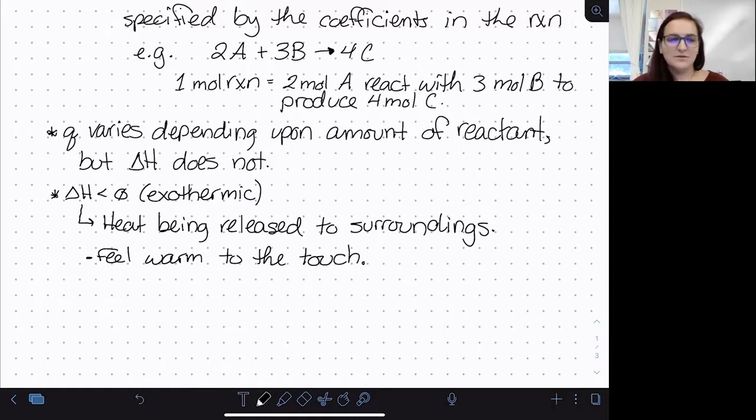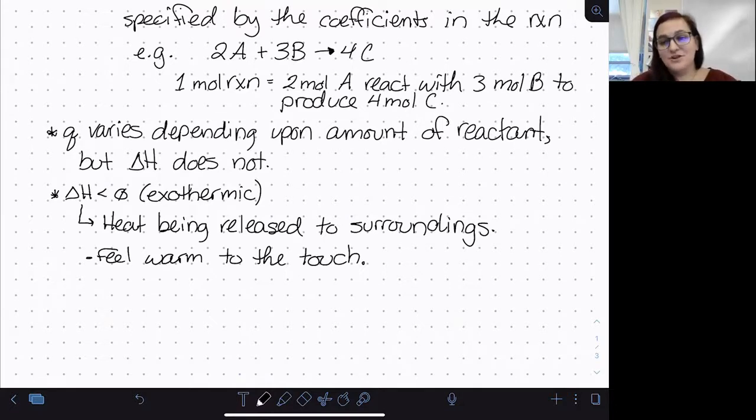This is often a little counterintuitive to people because you're thinking, oh, well, it got warmer, it must have gained energy. But your hand is part of the surroundings. Your hand feels warm because your hand is gaining heat. So the energy was given off by the reaction into your hand, which you feel as warmth.